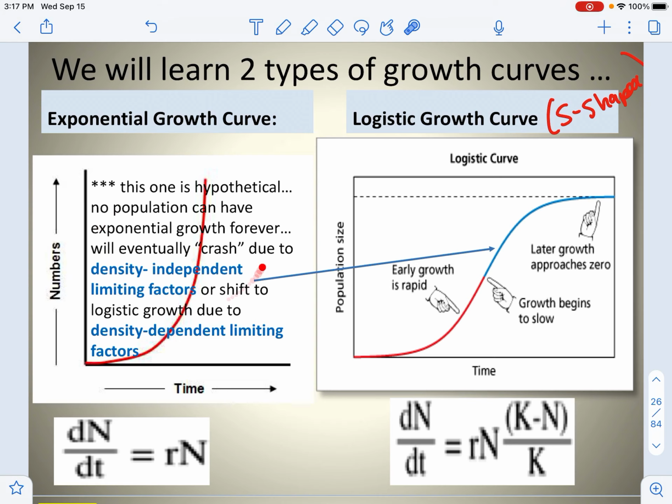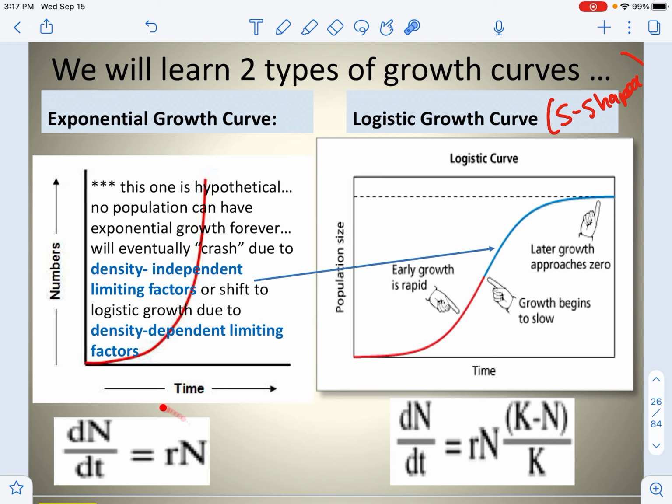We study exponential growth as our baseline, meaning that if we were in a perfect world, a Shangri-La, where there were no limiting factors of any sort, with unlimited food, space, water, light, whatever the living thing needs, then based on numbers, you would have exponential growth.